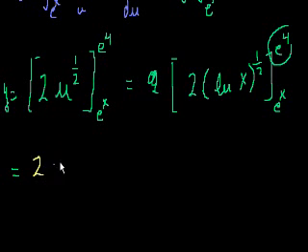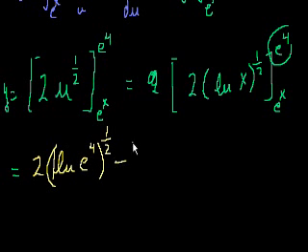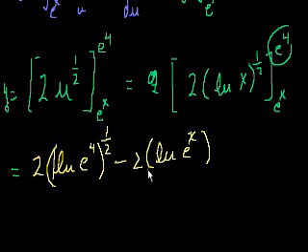So we get 2 times the natural log of e to the 4th, to the 1/2, minus 2 times the natural log of e to the x, to the 1/2 power. And this simplifies pretty well. What's the natural log of e to the 4th? What power do I have to raise e to get e to the 4th? Well, I have to raise it to 4.